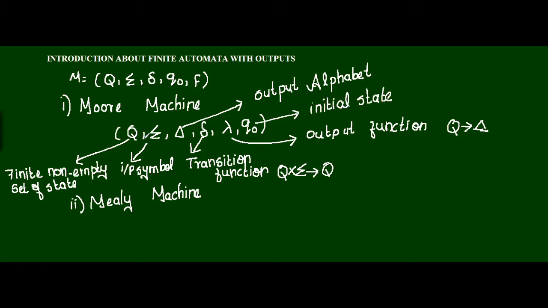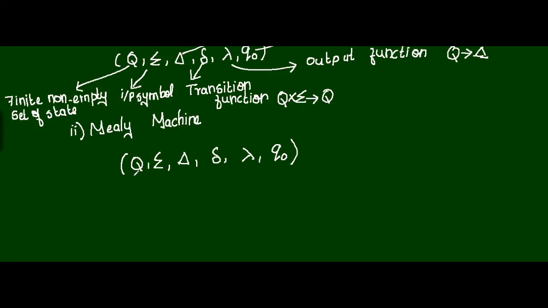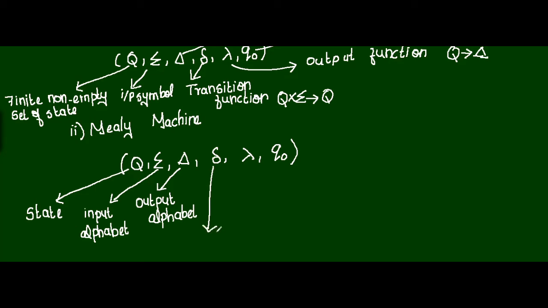Like the Moore machine, the Mealy machine also has 6 tuples. They are Q, a finite non-empty set of states, sigma, a non-empty set of input alphabet or input symbols, del, the output alphabet, and delta, the transition function which maps Q times sigma to Q. That means present state and present input will give the next state.